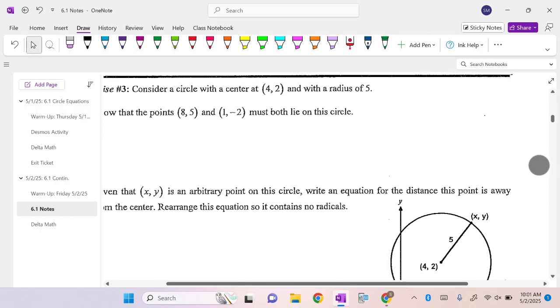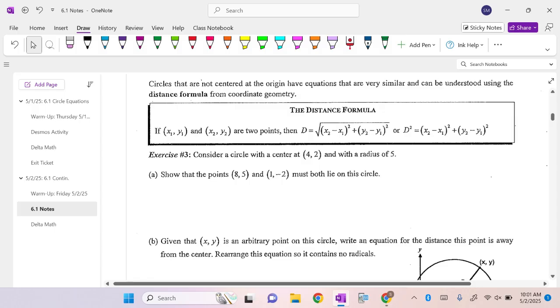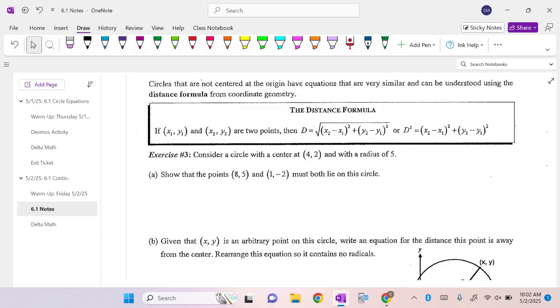All right. Now, the next part, they're saying to use the distance formula if you're only given 2 points on the circle. I absolutely hate the distance formula. My suggestion to you is put it on a graph and do Pythagorean theorem.